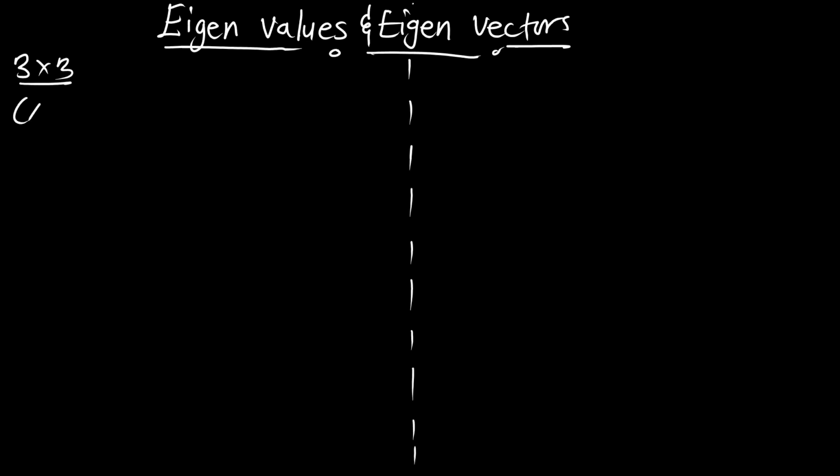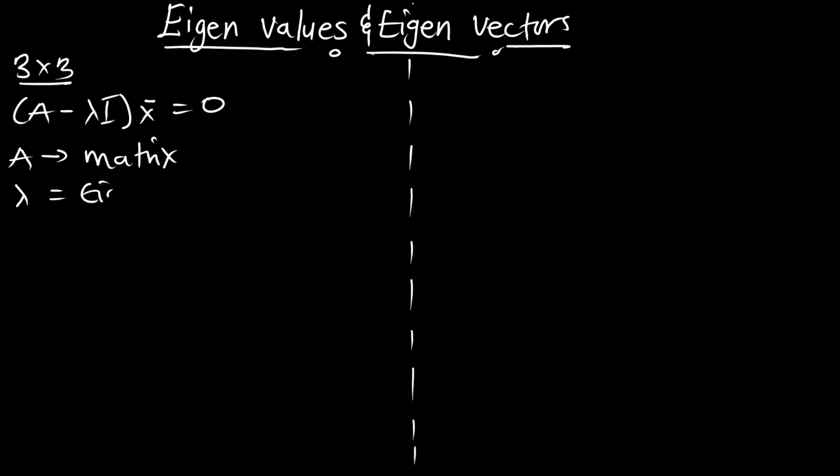A minus lambda I multiplying this equal to 0, where we have our A as the given matrix, and we have our lambda as the eigenvalue or the eigenvalues, and we have our I as our identity matrix.